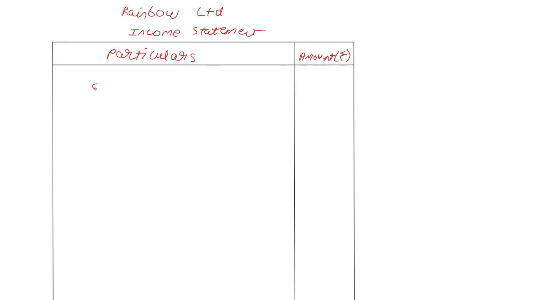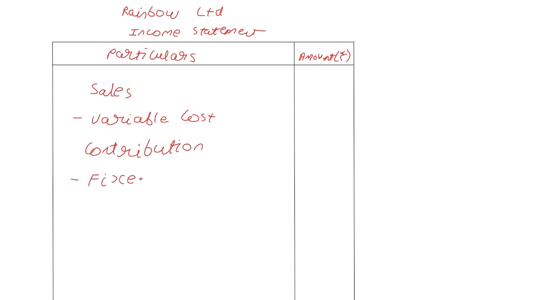Then we have sales minus variable cost gives contribution, minus fixed cost. Okay, and keep in mind, we're doing this for leverages. So we are not going to write profit. We are going to write earnings.